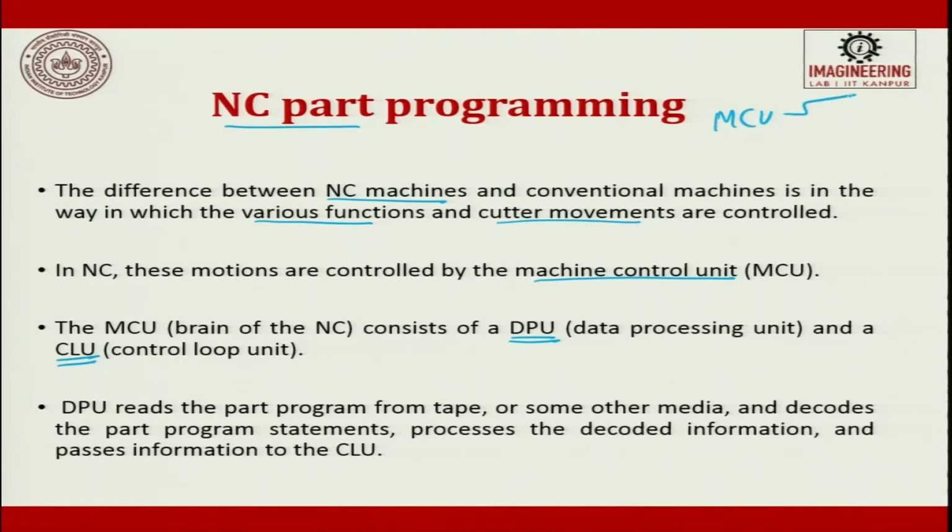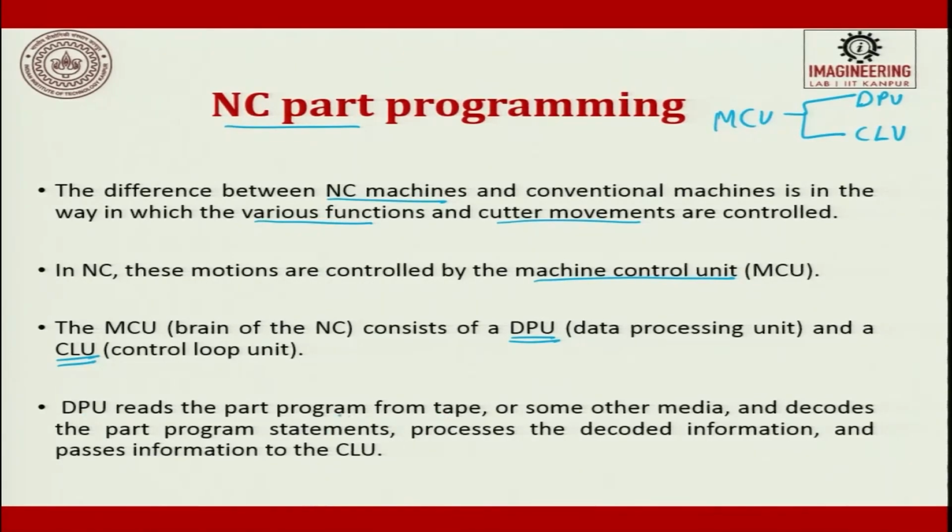So, the MCU is split into two, DPU and CLU, control loop unit. The DPU reads the part program from the tape. Today tape is not there. Earlier it was punch card, then it went to tape, then it went to cassette. Now it is all stored in the computer itself, the server itself.